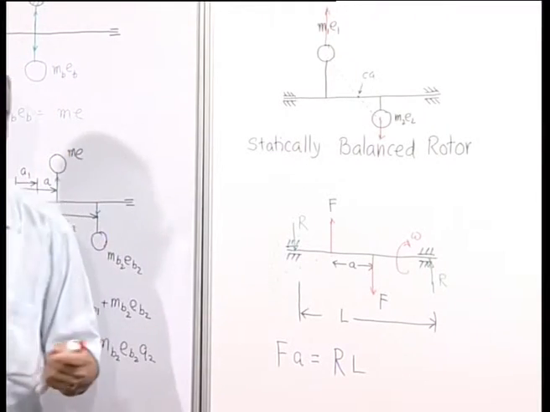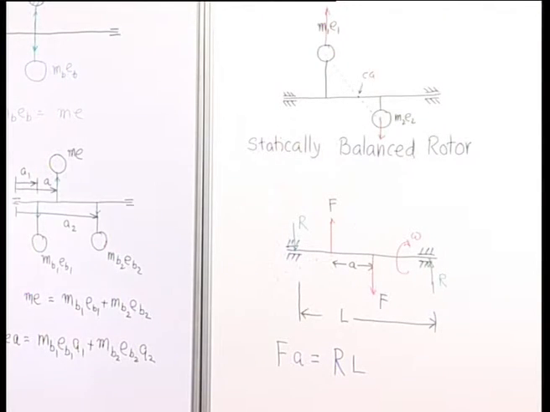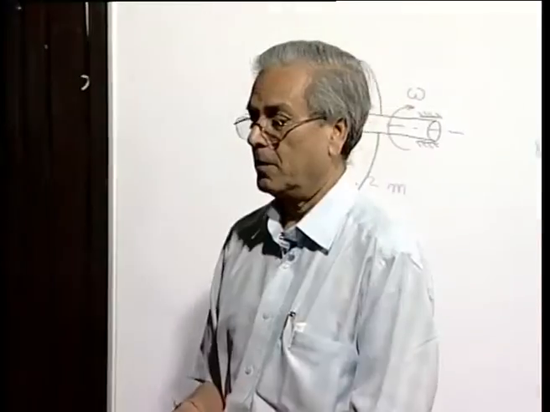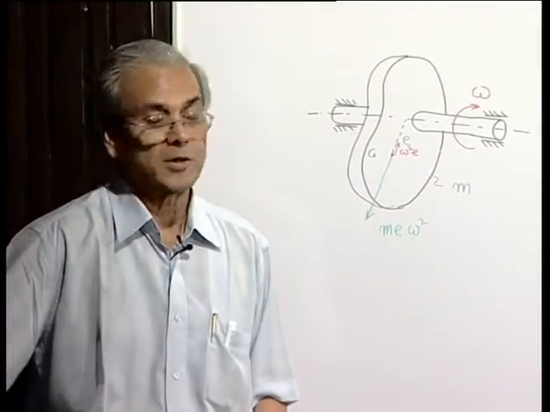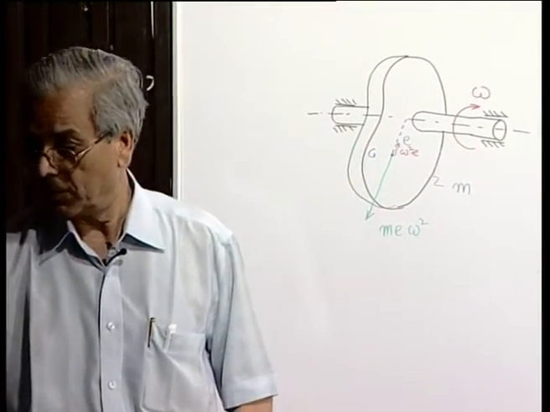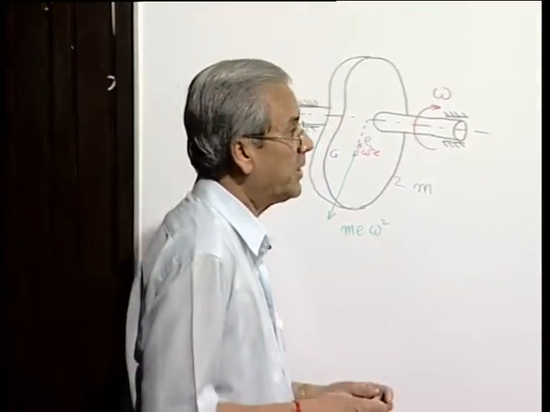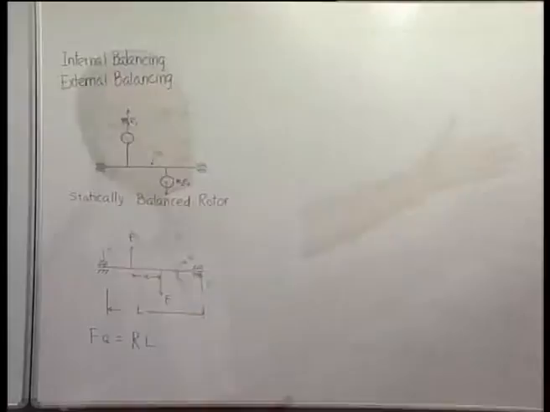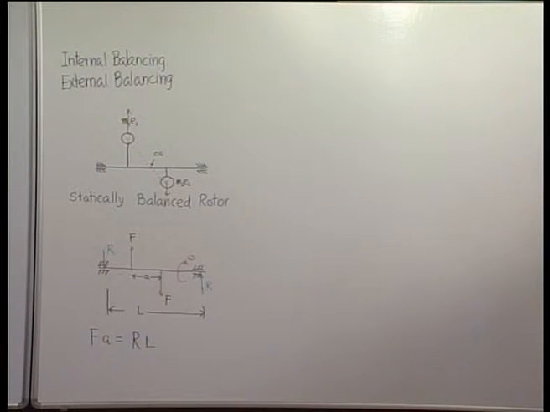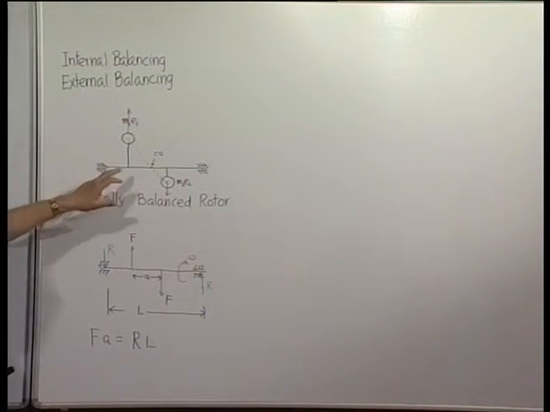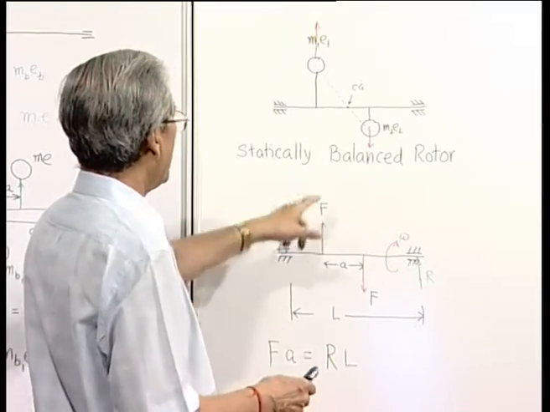So, as soon as it starts rotating, the bearing starts experiencing dynamic forces. So, therefore, the same system which appeared to be perfectly balanced in static condition becomes unbalanced in the dynamic condition. So, this system is statically balanced, but dynamically unbalanced.